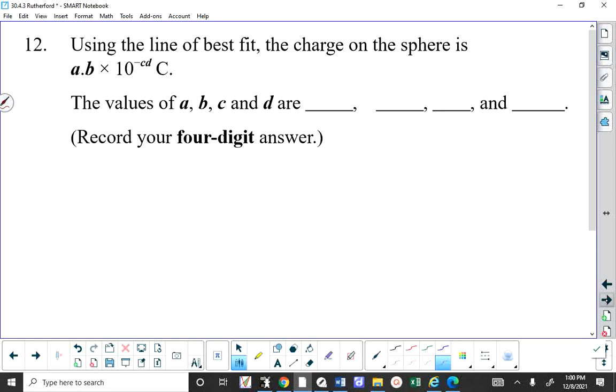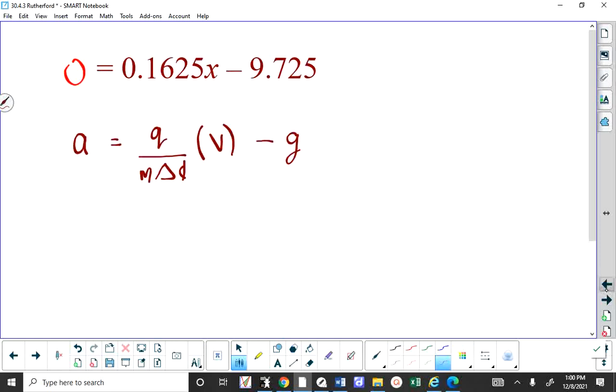What's the charge on the sphere? Okay, so now what you need to do is ask yourself what feature of the graph contains the charge, and it's the slope. The slope is contained in that bundle of constants which are constant in the experiment.